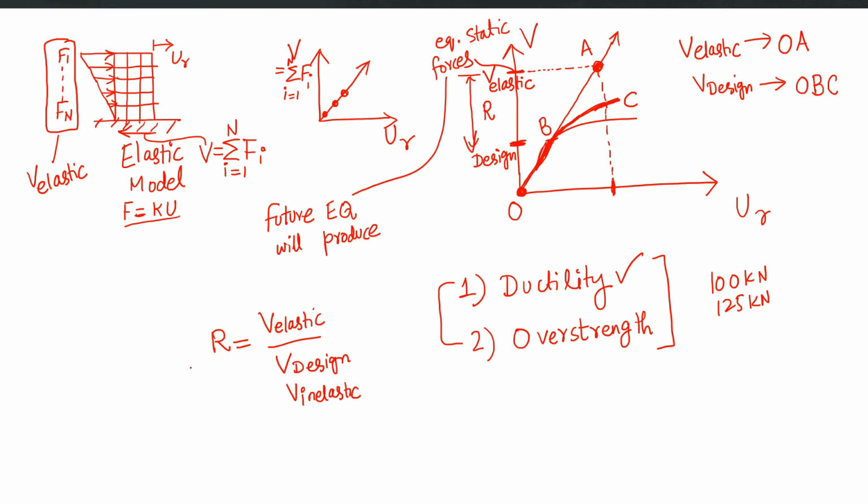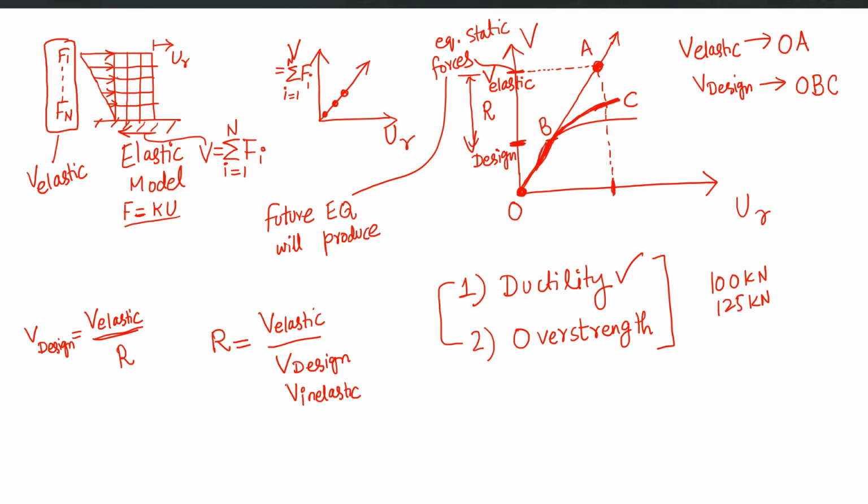Or in other words, we can simply reduce the elastic base shear V elastic with the R value. So V elastic can be divided by R value to get the V design. So V design is what? V elastic over R.